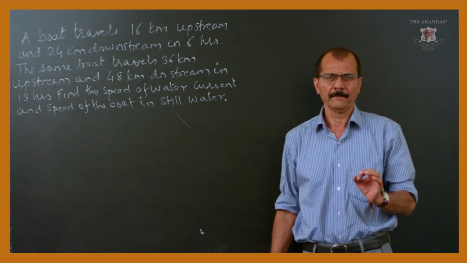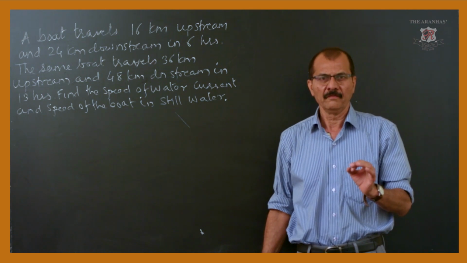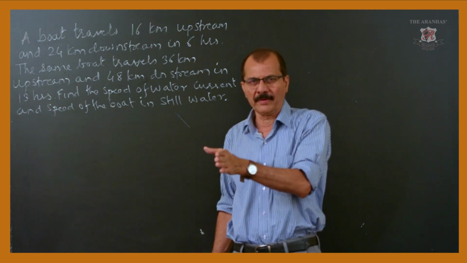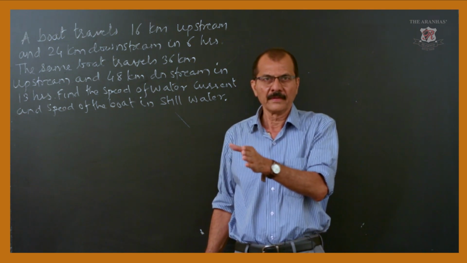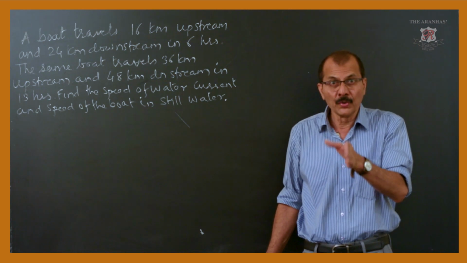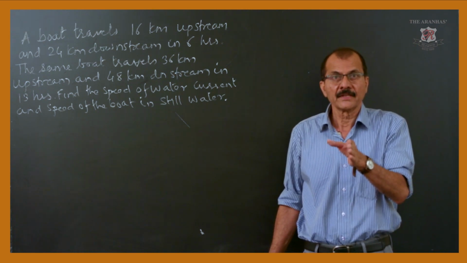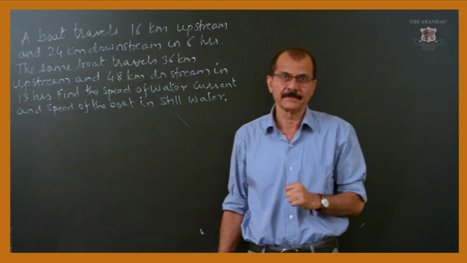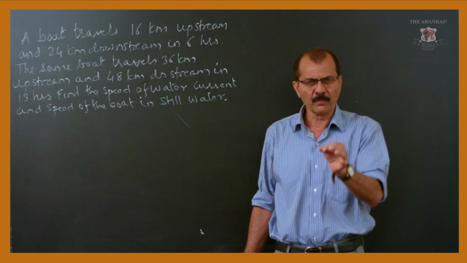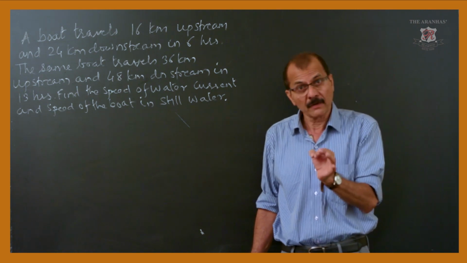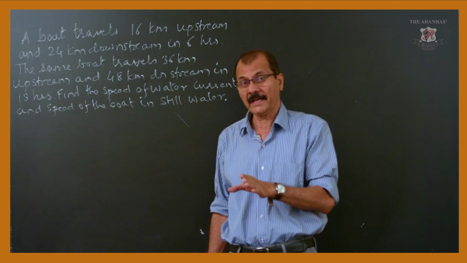Now, obviously, when I say that the boat is travelling downstream, in that case you know that the speed of the boat is going to increase. The speed of the boat is one factor, the speed of the water current is the second factor.